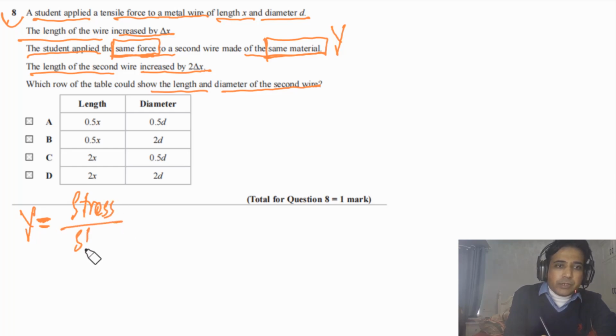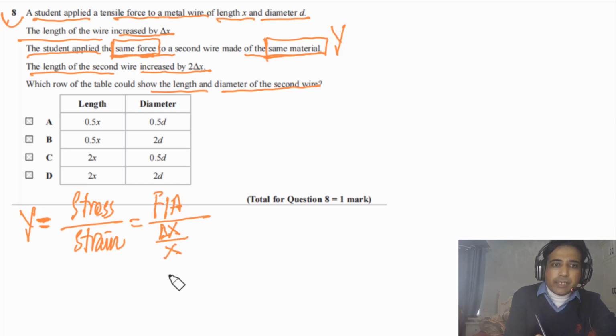So simply we can write this is equal to stress over strain, and stress is equal to force over cross-sectional area of the material, divided by extension over original length. Now if we simplify this one, we will get Fx divided by A times delta x. This is equal to Young's modulus.